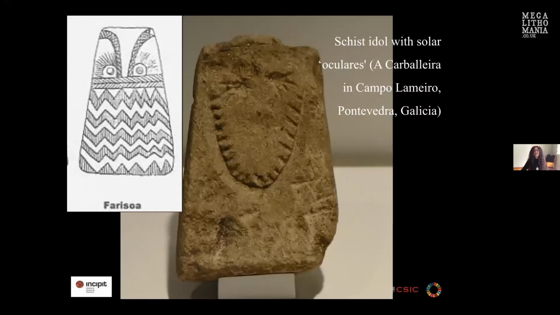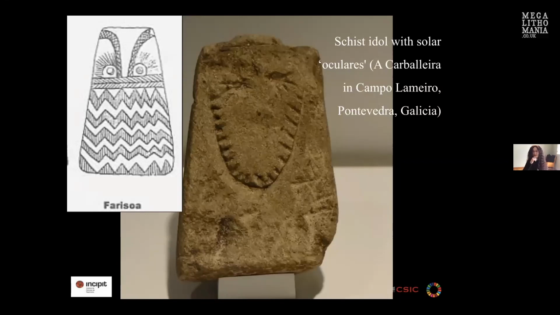So here we have my favourite idol stone. On the right-hand side, I saw it in the museum, and he, or she, also has little sun eyes, and there are some from Furisoa on the left-hand side of the screen, represented in a slightly different way. What's intriguing about this schist idol on the right-hand side, now this is total speculation and I'm just putting it out there, my colleague Thessa counted the same.